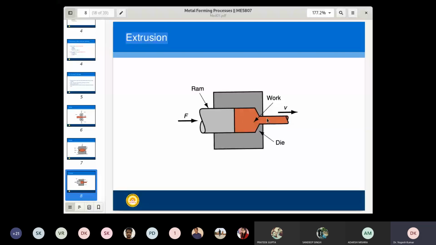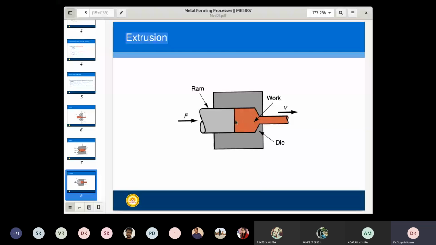Under extrusion, this is our initial workpiece, and it is forced to pass through a die. This is your die. So this is just a block diagram. We will discuss in detail what the shape of the die is, and what the different nomenclature or geometry design considerations are in die design.